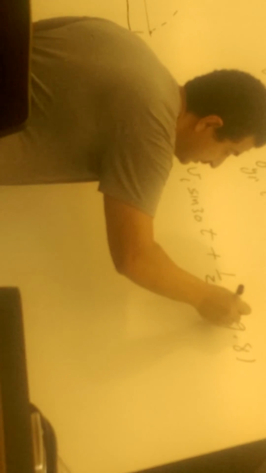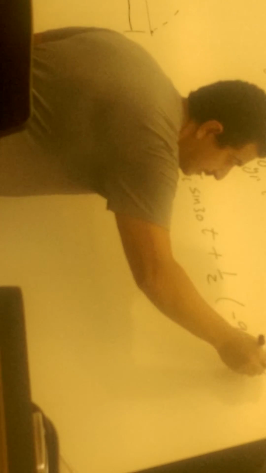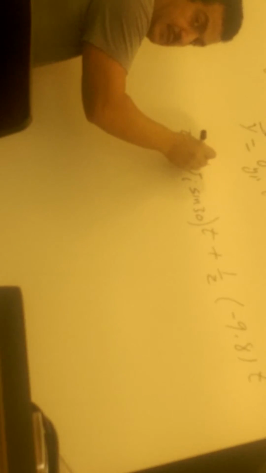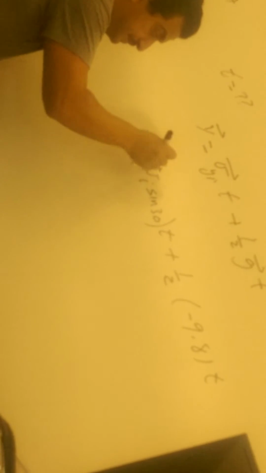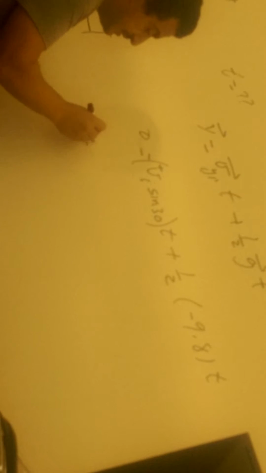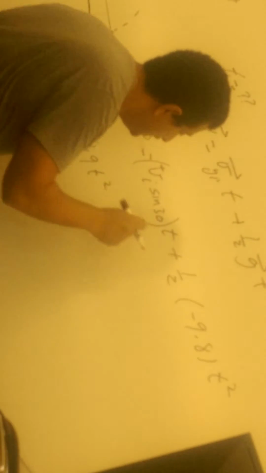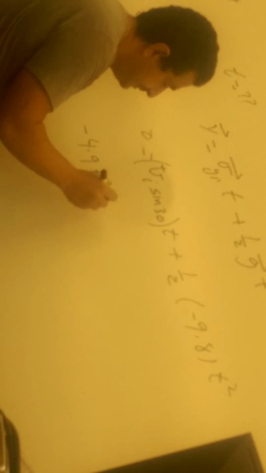Is 9.8 positive or negative? And V initial, is it positive or negative? Positive. Which gives me minus 4.9 t squared. And this is 1/2.